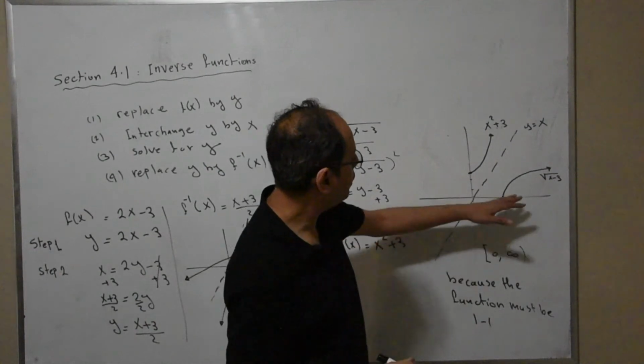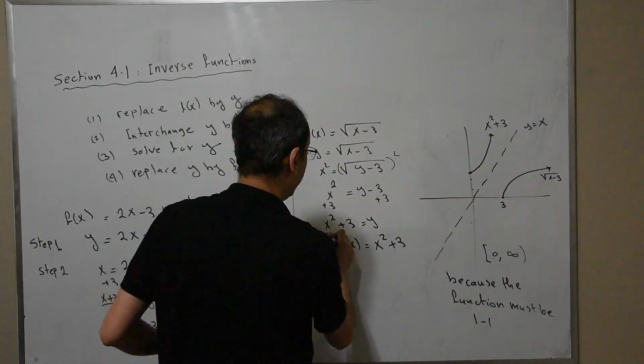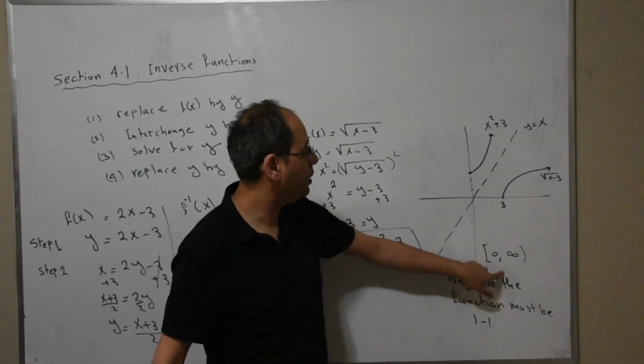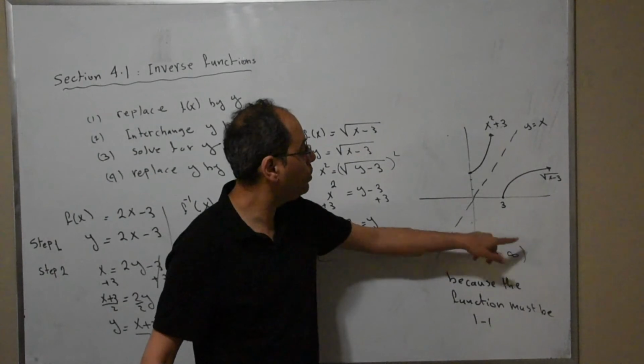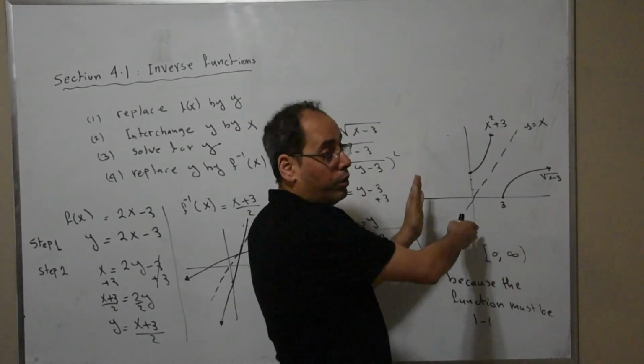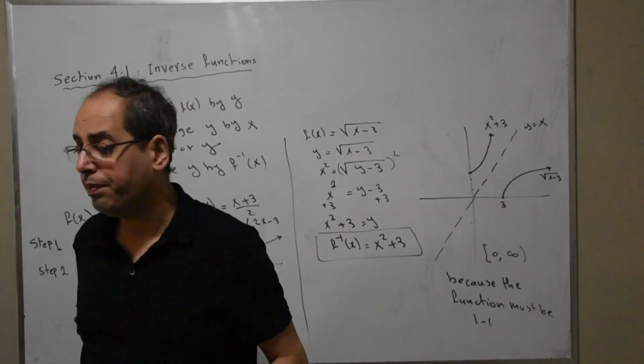Okay? And here is the domain, and here are the two functions. Therefore, the f inverse of x is x squared plus 3, where the domain is 0 to infinity. And we see how they reflect about y equals x. Let's get the last example for today.